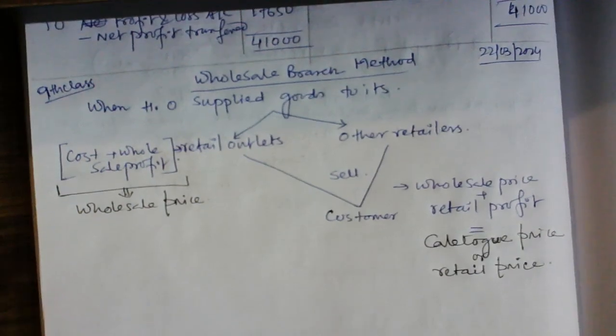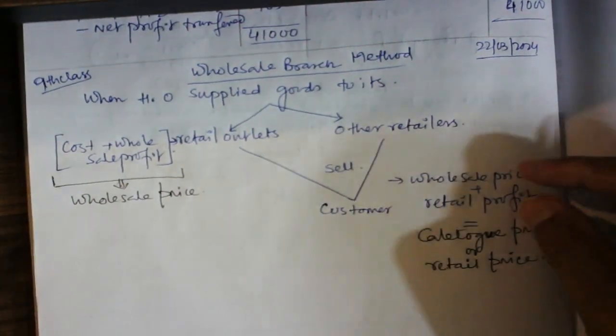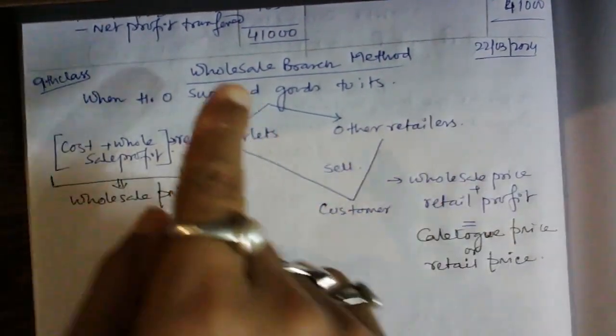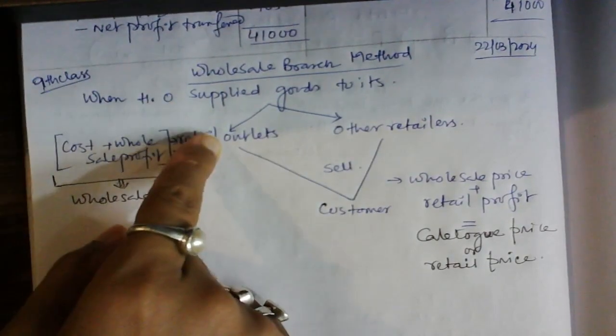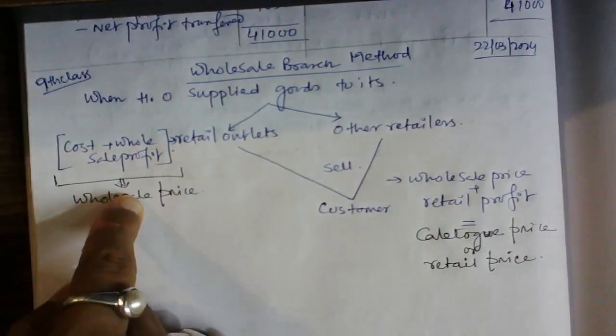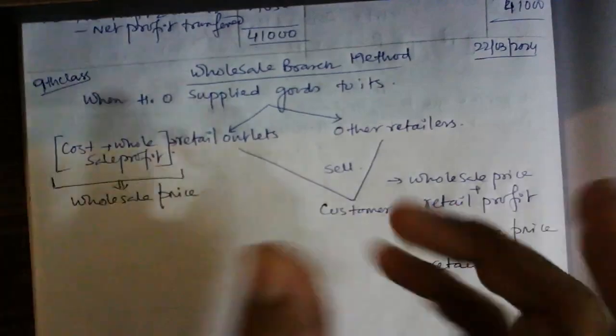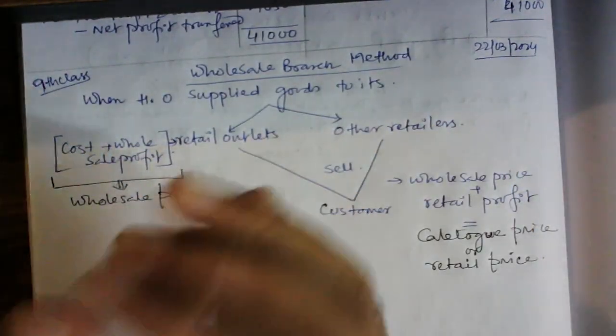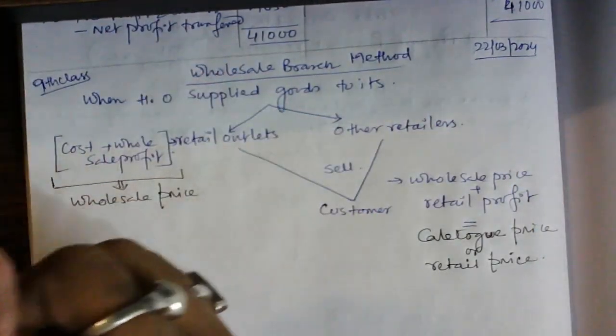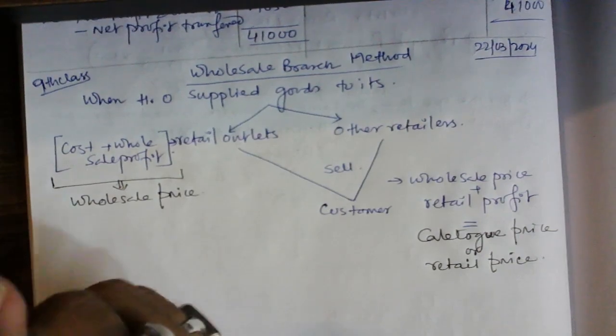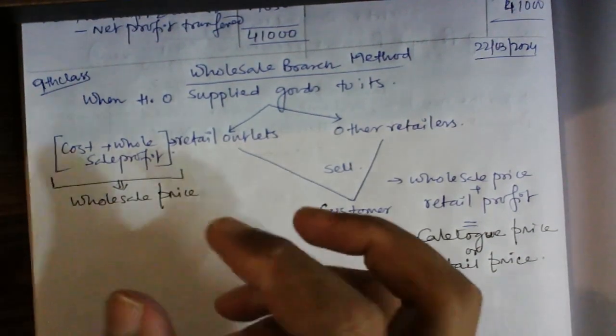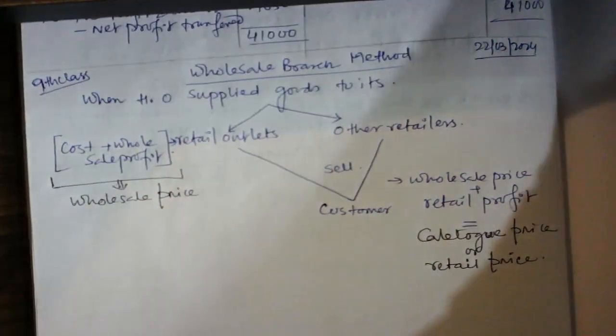The price at which HO sends the goods to retail outlets and other retailers is the wholesale price. This is the whole concept with respect to price when goods are supplied from one place to another, in the wholesale branch.